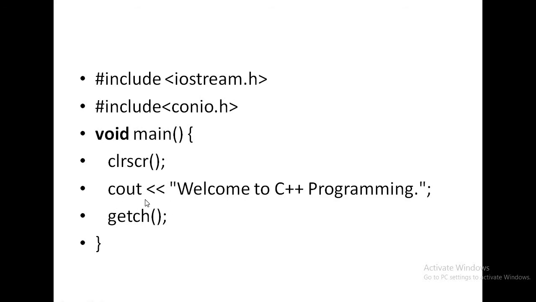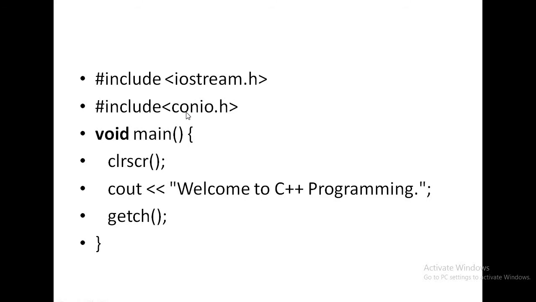Both cin and cout objects are present in iostream.h. So whenever I am using cin and cout in my program, I must include the header file iostream.h, input output stream. For input and output purposes, I am using the header file iostream.h.